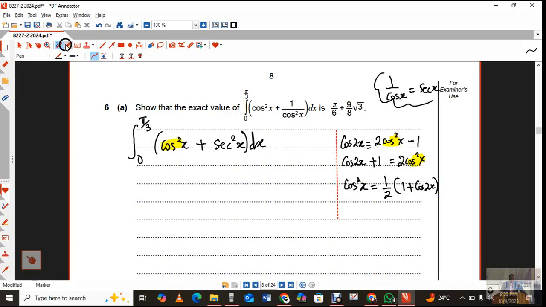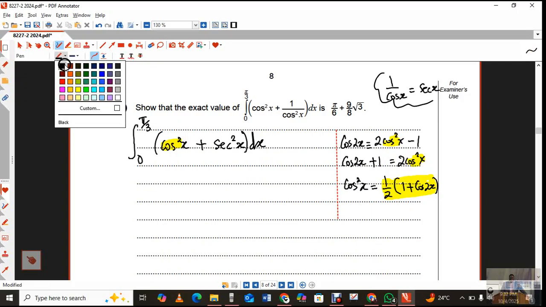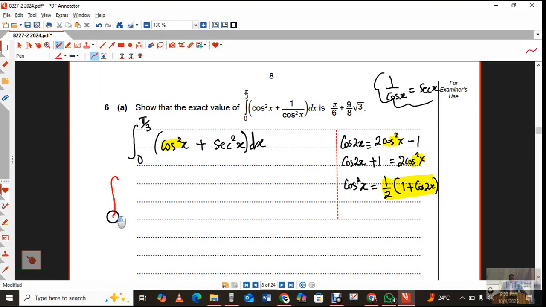Now all of this is identical to, I'm not yet integrating, I'm just giving the identical way of writing cos square x. So this now implies I'm going to have to integrate this cos square x, now written as 1/2 (1 plus cos 2x), all right?